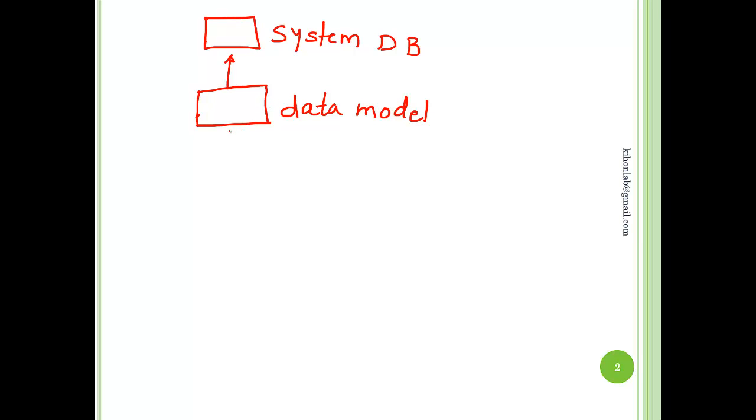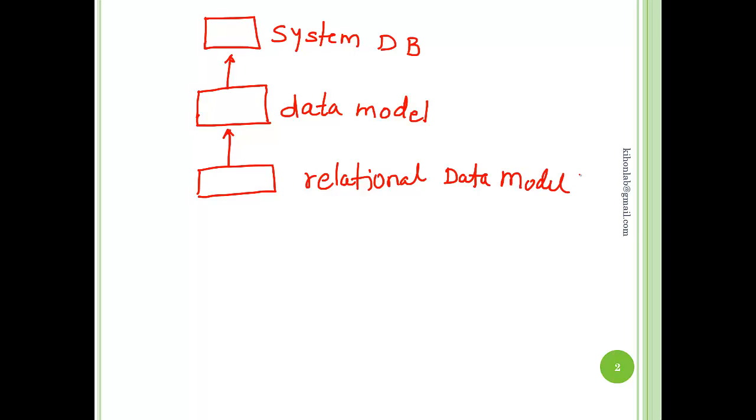In the data model, if we have selected the relational data model, we are supposed to learn the language which is going to define it, and we call it a database language.